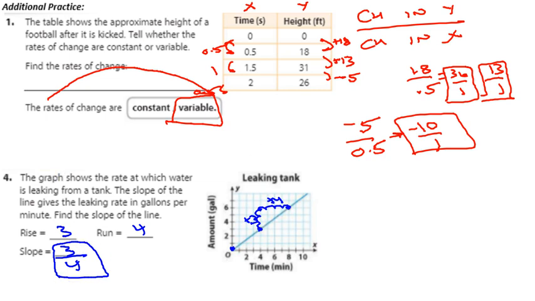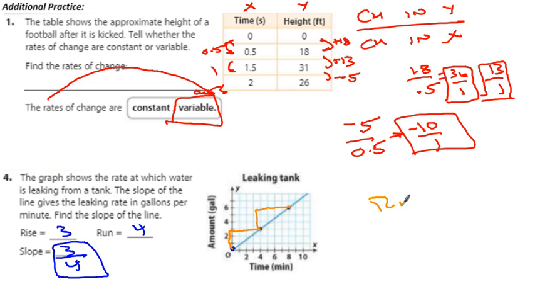Now, again, let's go back. I want to erase this so we can look at it another way. Because this is big stuff. This is important stuff, guys. So from here to here, if we count, it goes up 1, 2, 3 over 1, 2, 3, 4.